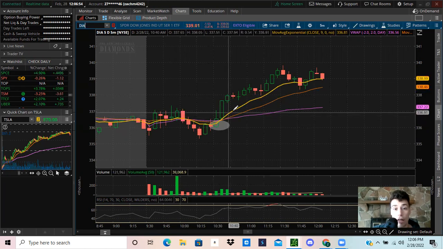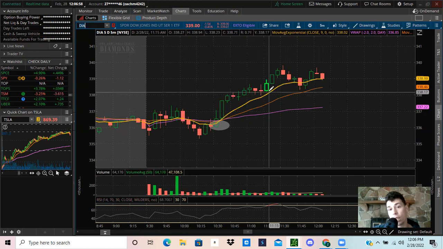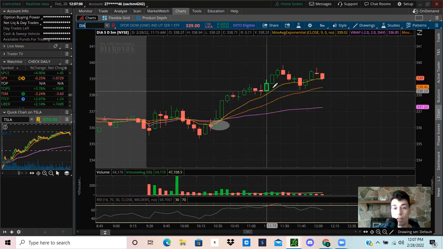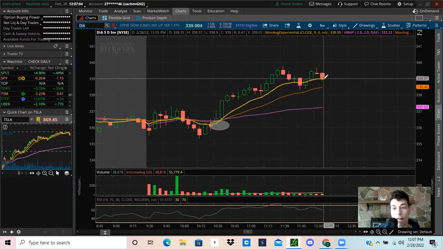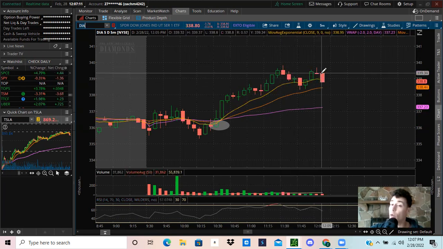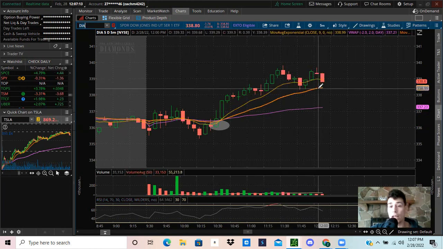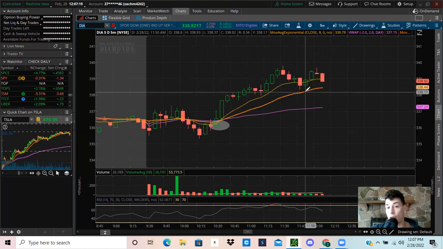We're in an uptrend and we're going up, and it pulls back, but we keep using this yellow EMA as a support level. That's what we want to see: us continuing to hold the 9 day EMA as support, continuing this bullishness and trading above the 9 day EMA. When we break the 9 day EMA, it comes down to the orange EMA, the 21 day EMA, which is another area where we're looking to find support and bounce.